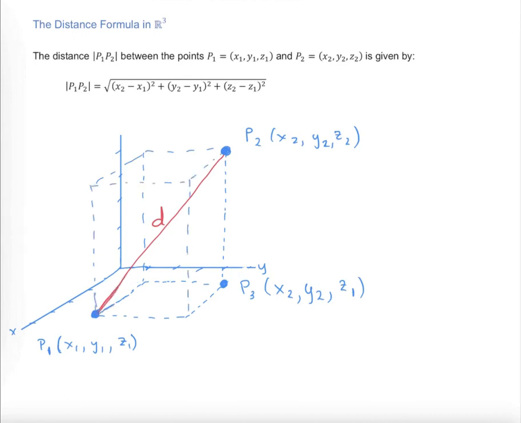So now the distance that we're looking for goes from this front left corner of this box through the center of the box to the back right corner of the box. And we're actually going to go ahead and make a right triangle so that the distance that we're looking for is the hypotenuse of this right triangle that pretty much slices right through the center of this box.